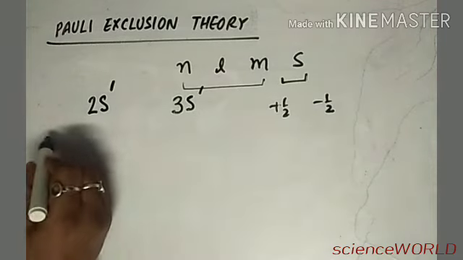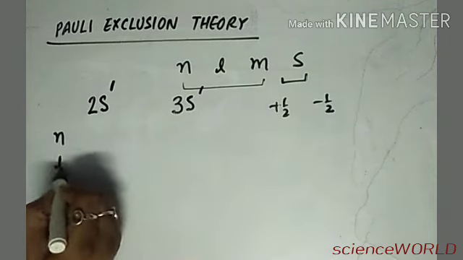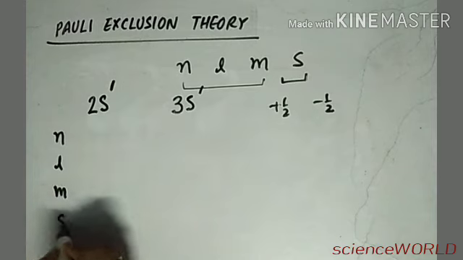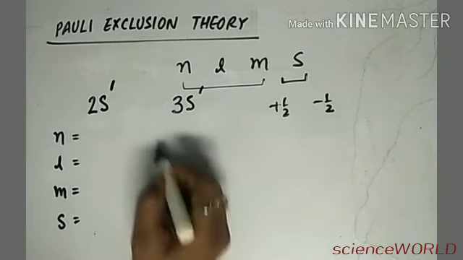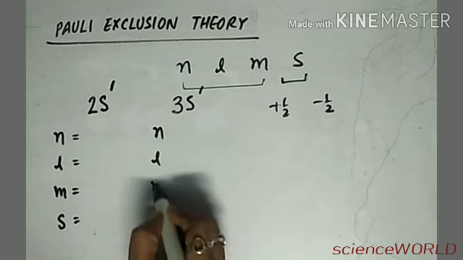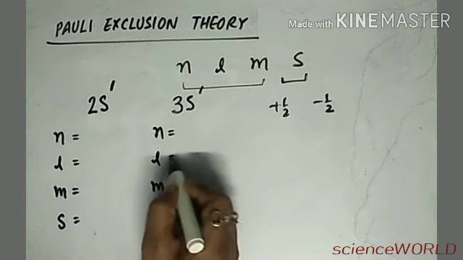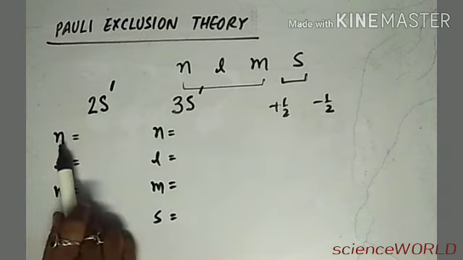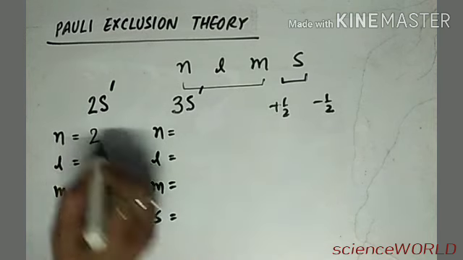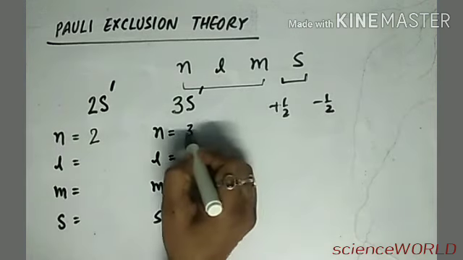So I'm just mentioning here the values of n, l, m and s. Obviously it will be different. You see that the value of n here is 2 and here it comes 3.